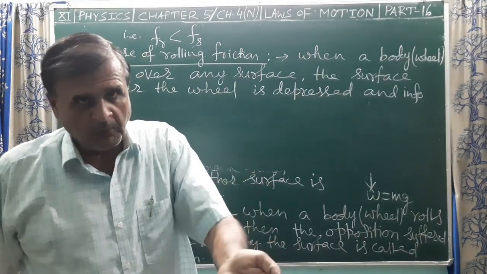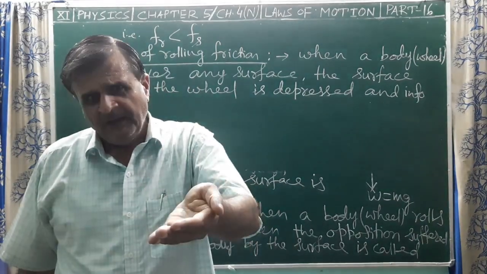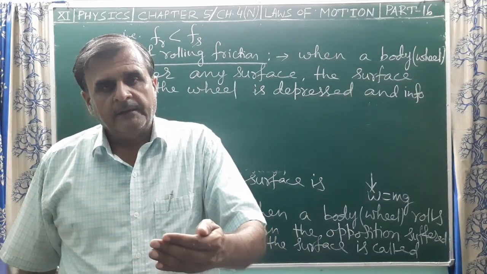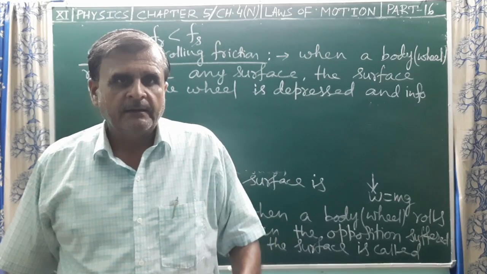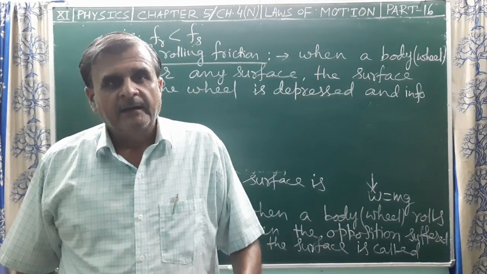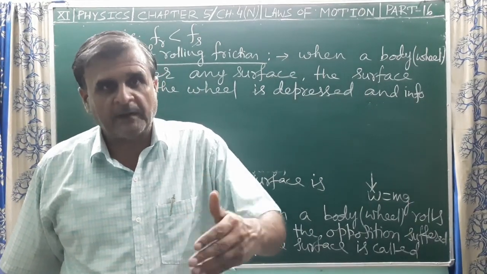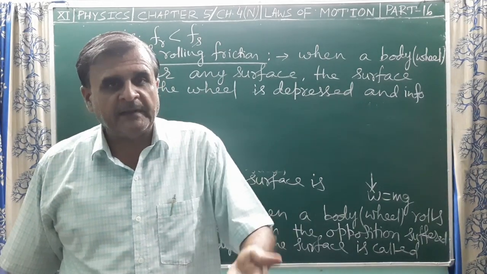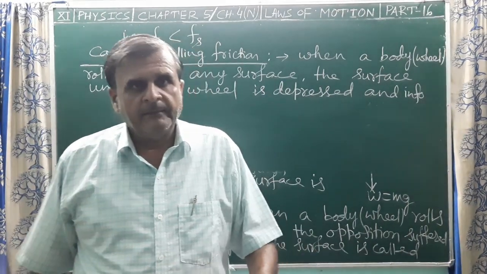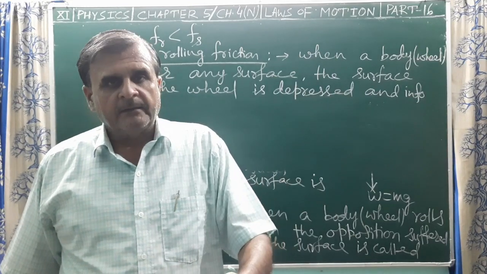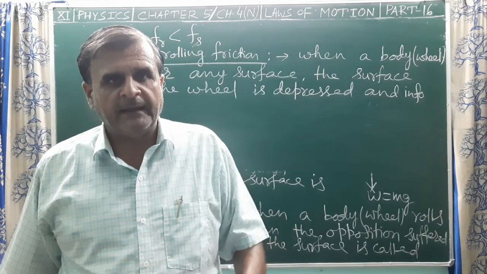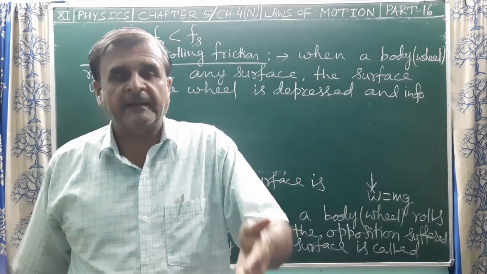अब व्हील को डिप्रेस्ड पार्ट, गड्ढा से उस उभार, बम्प पर क्लाइंब करने, चढ़ने में रेजिस्टिव फोर्स, रुकावट महसूस होती है. That is, the wheel encounters opposition to its motion, and that opposition is produced in the form of rolling friction. तो व्हील की गति में रुकावट उत्पन्न होती है और वही रोलिंग फ्रिक्शन के रूप में प्रोड्यूस होता है.